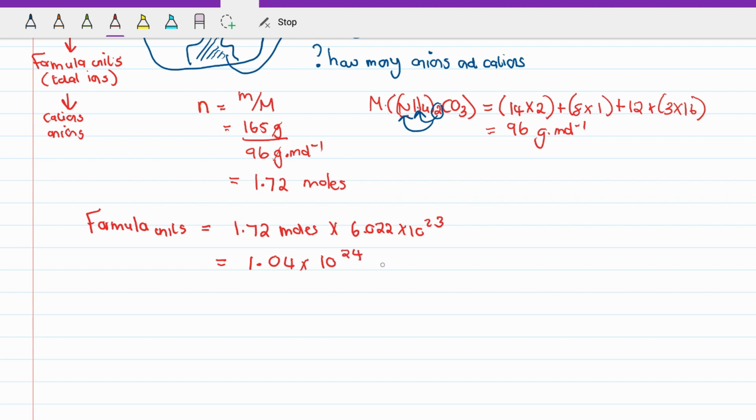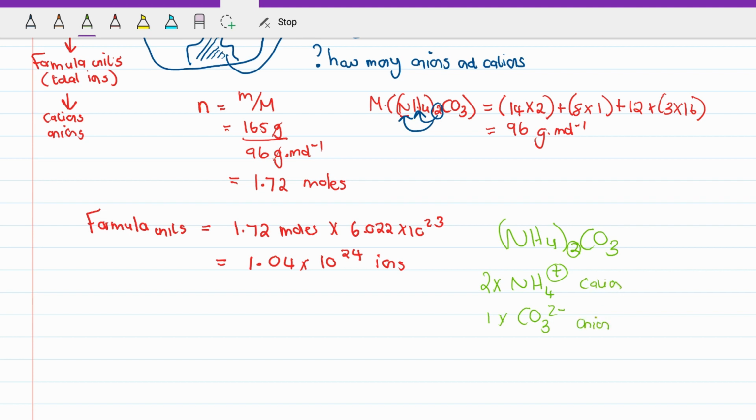That's the amount of formula units, or the total number of ions, that I have inside of my beaker. Now, if you recall from the formula (NH4)2CO3, the number of ammonium ions, which are my cations, is 2 and there's only 1 carbonate. This is a cation, this is my anion.